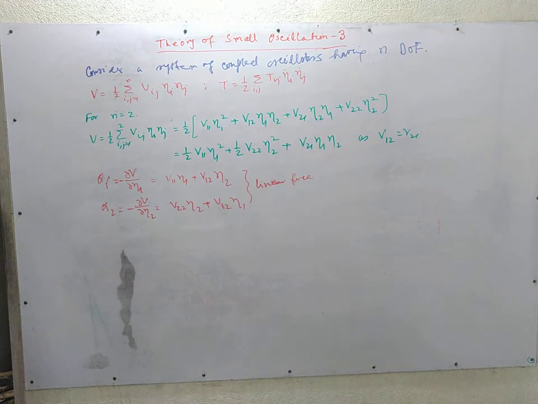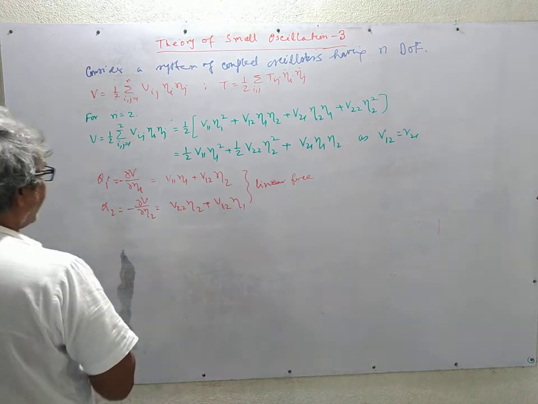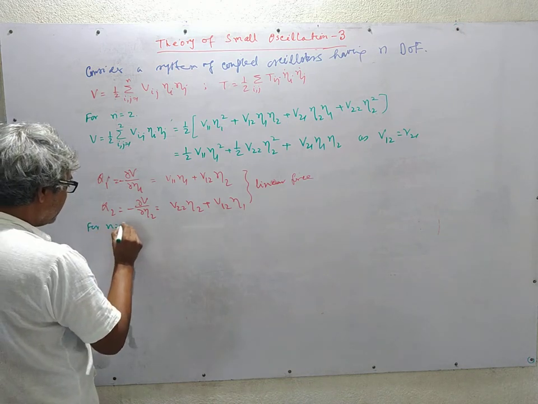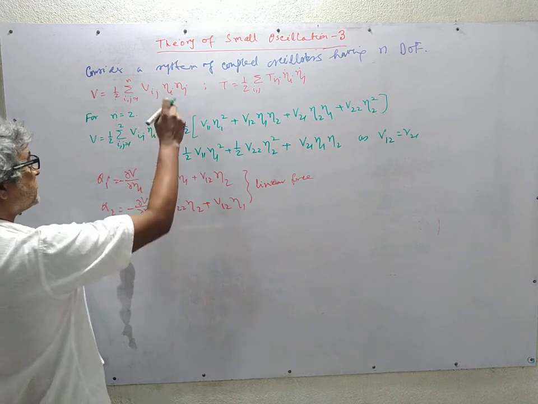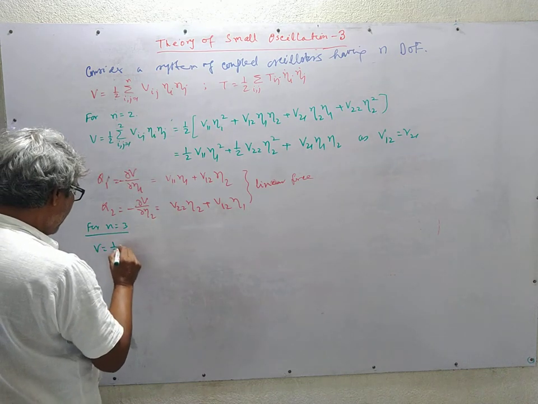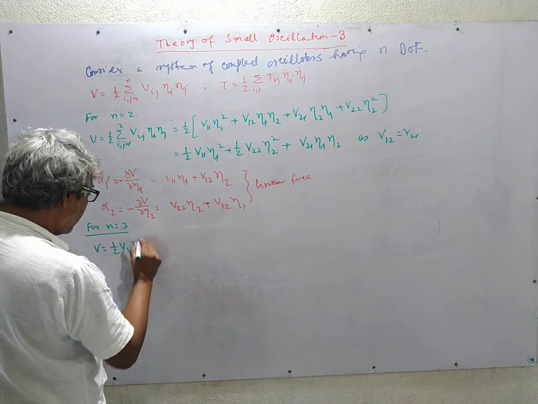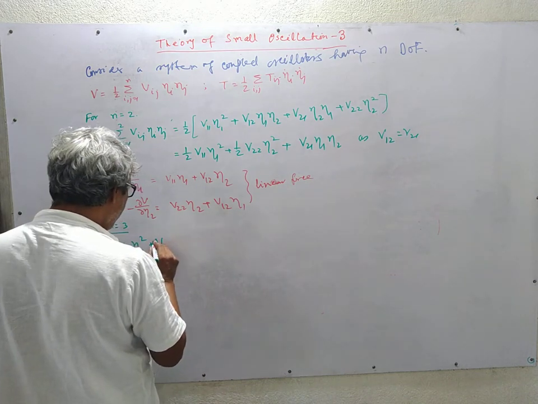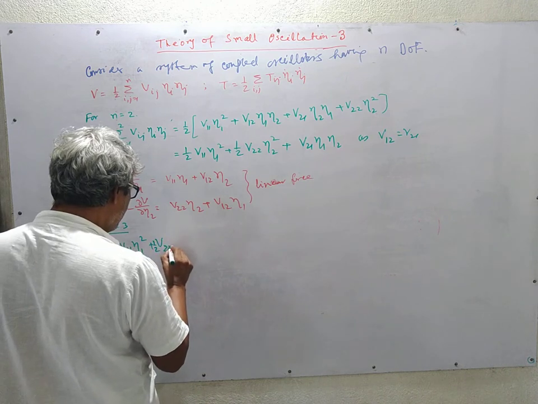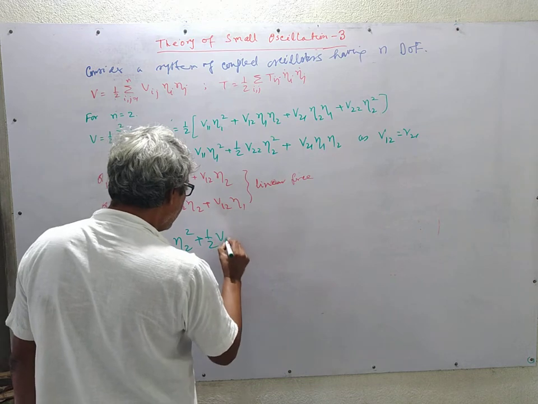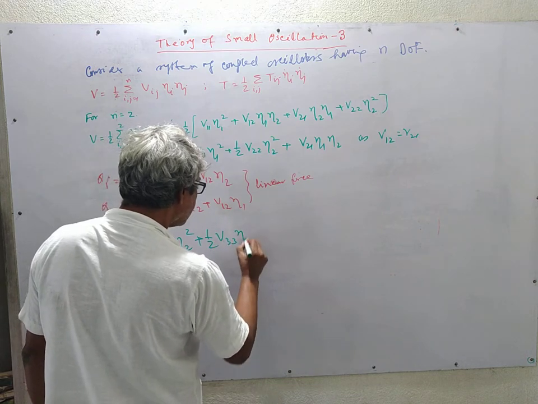Now coming to a system with 3 degrees of freedom. For n is equal to 3, this expression looks like V is equal to half V11 eta 1 square, half V22 eta 2 square plus half V33 eta 3 square.